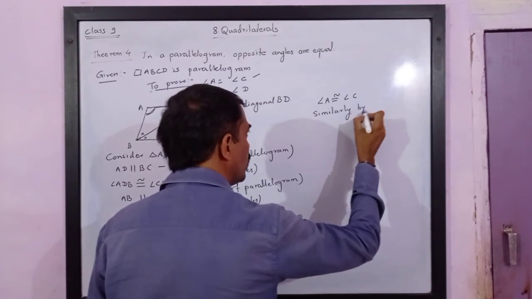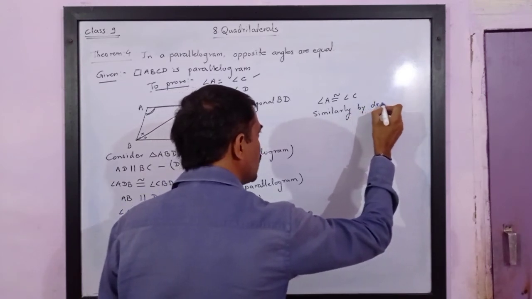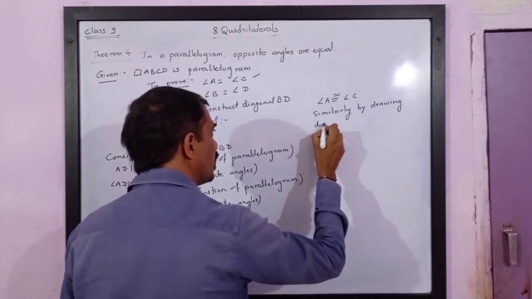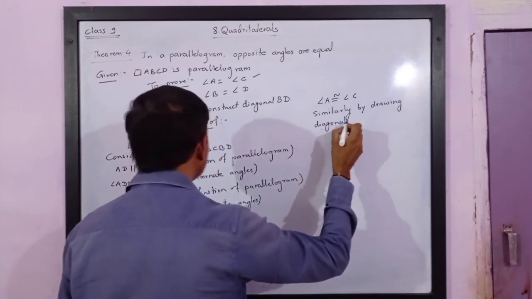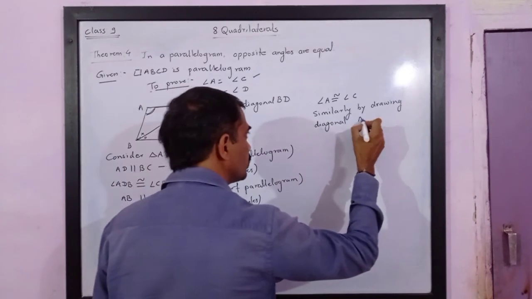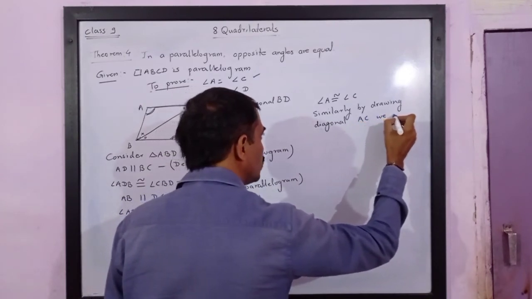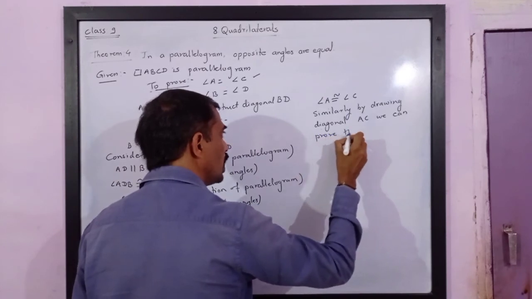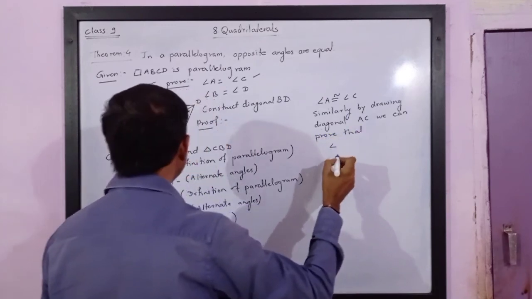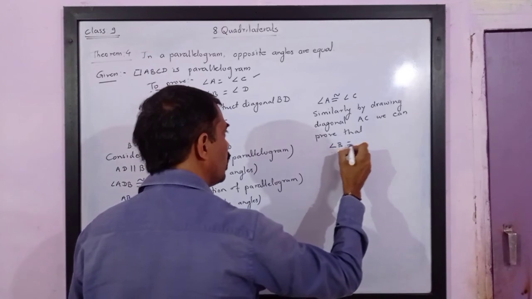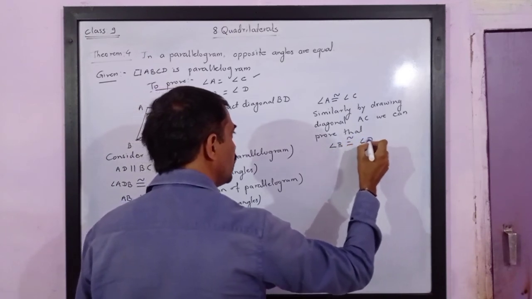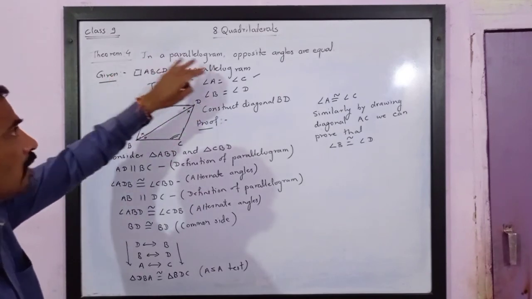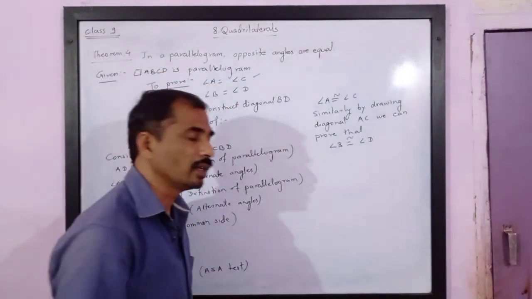By constructing diagonal AC, we can prove that angle B is congruent to angle D. Thus, I can say that in a parallelogram, opposite angles are equal.